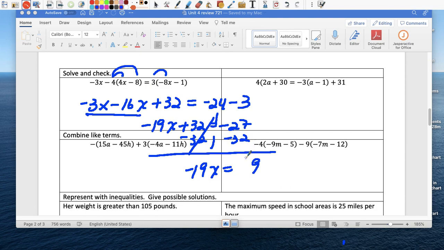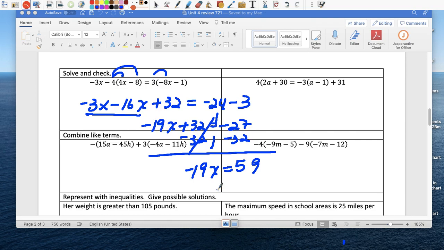What's that? Okay. Did I make a mistake somewhere? Negative 3x minus 16x plus 32 minus 24 minus 3. Hang on.